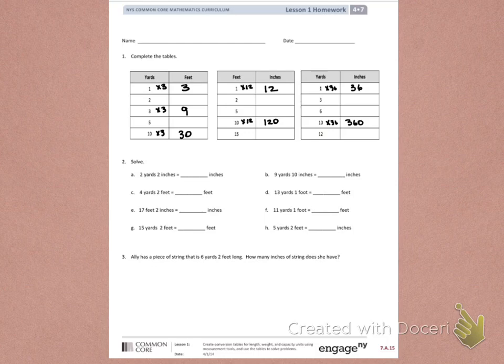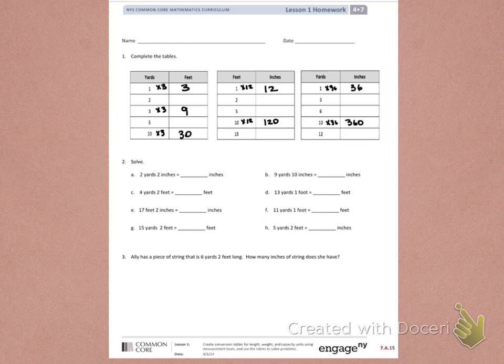Problem number 2. Solve. Letter A. 2 yards, 2 inches equals how many inches? Okay, so we need to convert our 2 yards into inches. So you can look back at your chart. We know 1 yard was 12 inches, and we multiplied by 12 to get there.